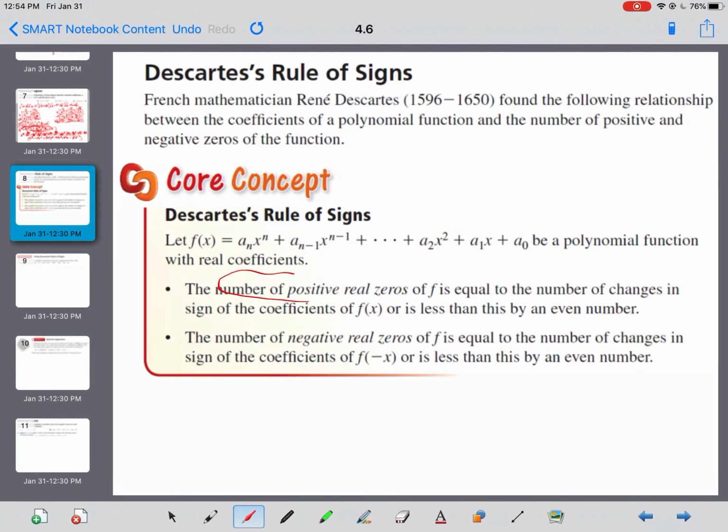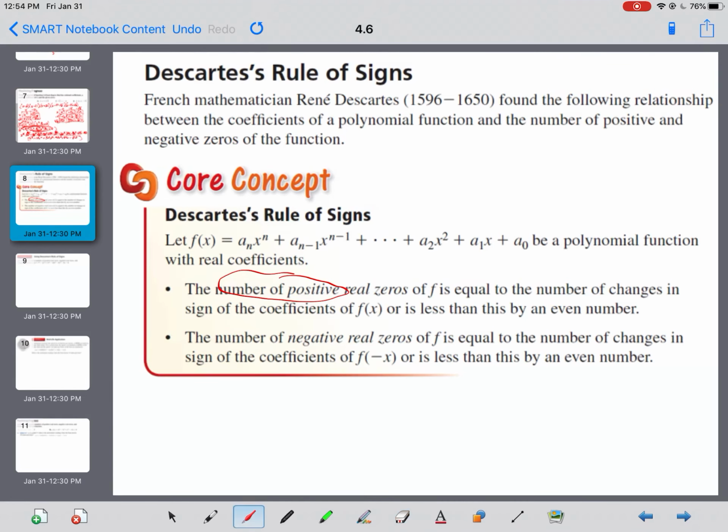The number of positive real zeros is how many changes in the sign of the original function, or less by even numbers. So less by 2, less by 4, less by 6, because if you have any imaginaries, they come in pairs, plus or minus.